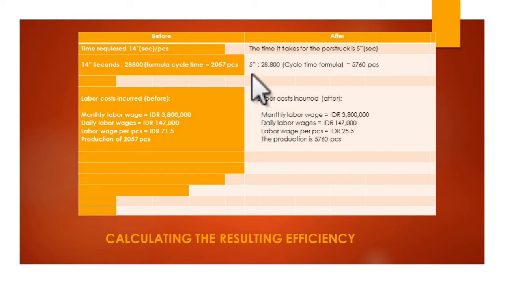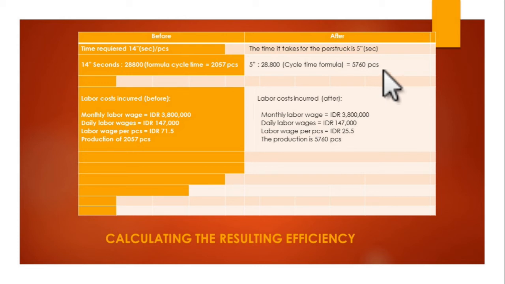That is 5 seconds after and before 14 seconds. Pieces at 14 seconds, 257 pieces, and at 5 seconds, 5,760 pieces. That is after and before calculating the resulting efficiency.